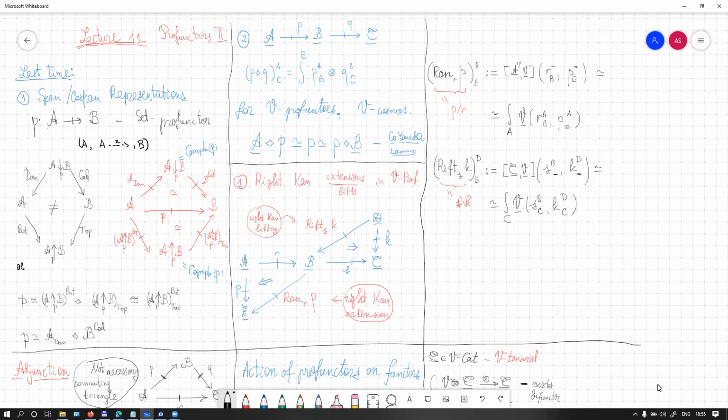About the co-comma category, we understood that its objects are objects of A coproduct with objects of B, and morphisms from X to Y are given in four different ways.